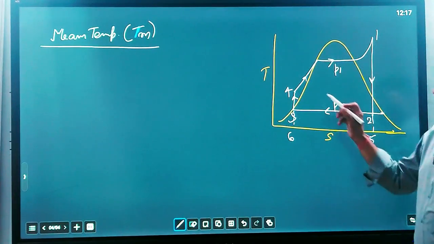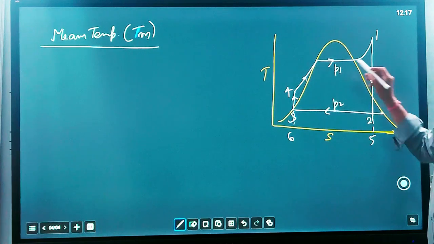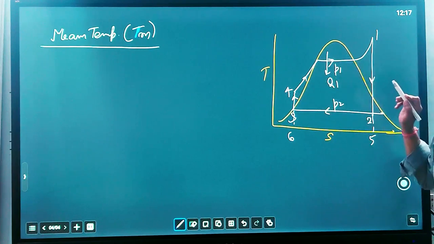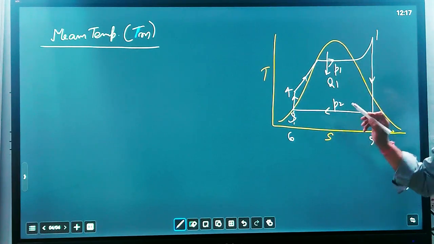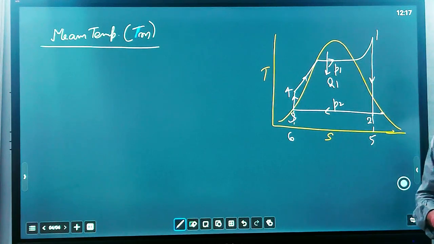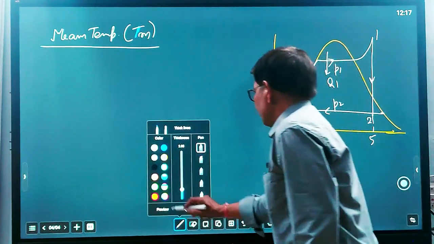Instead of adding heat at varying temperature, Q1 at varying temperature but constant pressure, we consider the temperature constant, so that the area earlier and the area after are both the same. So we consider a mean temperature.